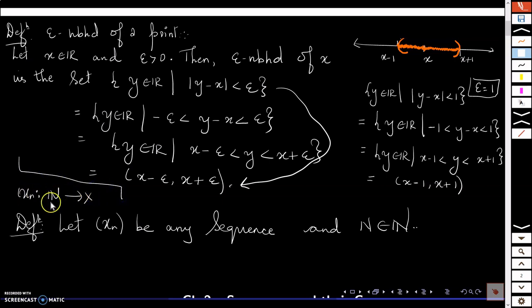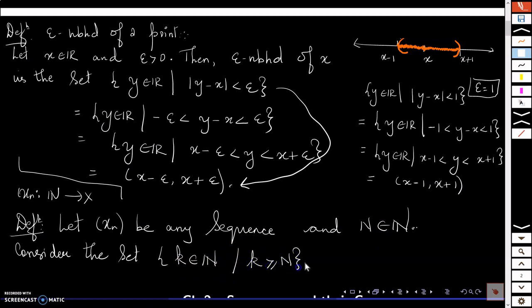Now for each natural number n, this function x_n will have an image inside x. So what I will do is restrict my natural number set, that is the domain of that function, to this set. I will consider the set of all those natural numbers k which are bigger than or equal to this capital N, right?